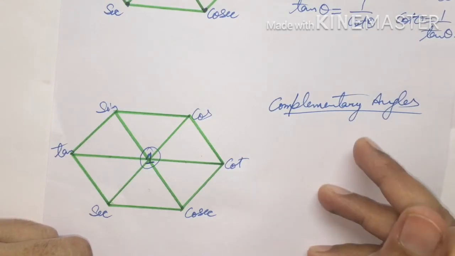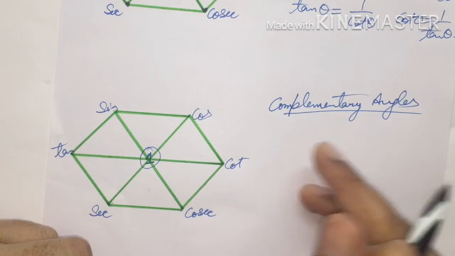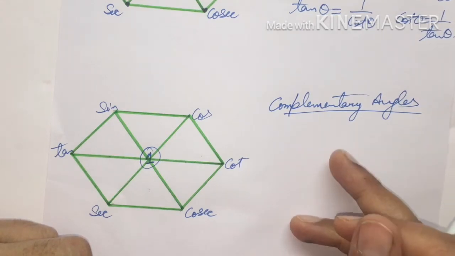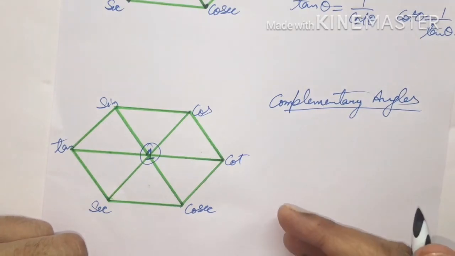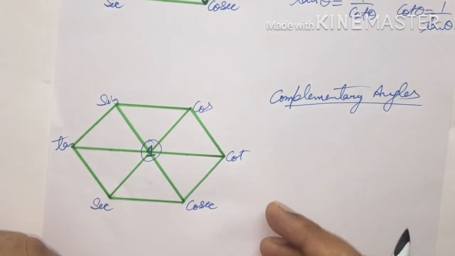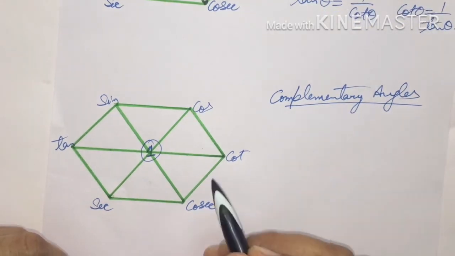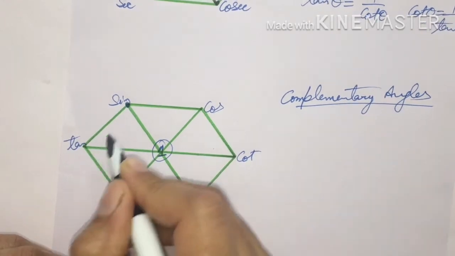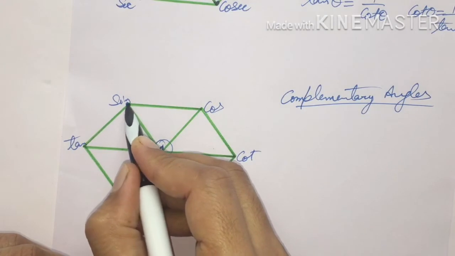Those angles will be called complementary angles if their sum is 90 degrees. So we will use the complementary angles concept in this section. Suppose we start from sine theta.